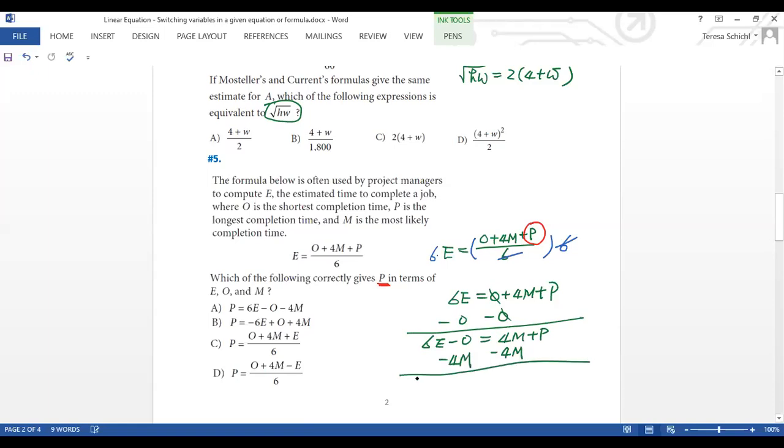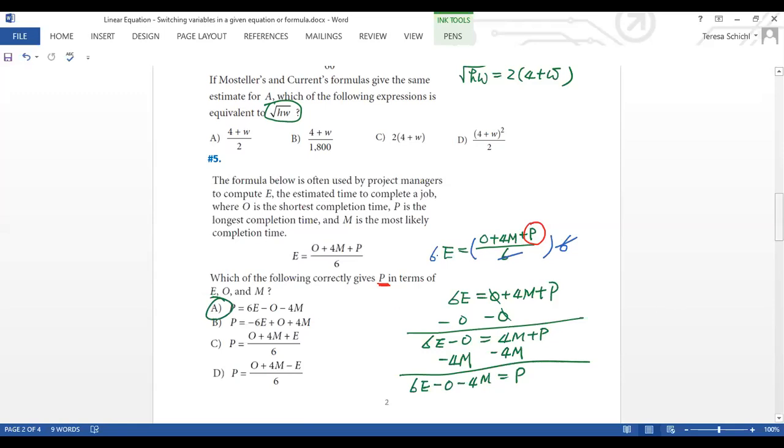So I have 6E minus O minus 4M is equal to P, right? Let's check which answer we have: 6E minus O minus 4M. Oh, here we've got it, that's answer A.